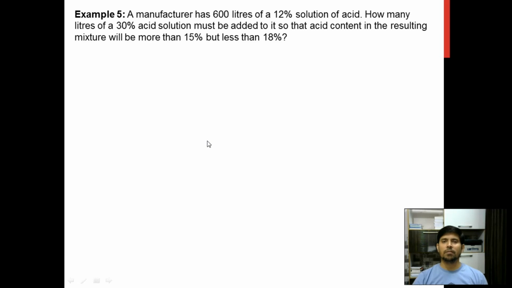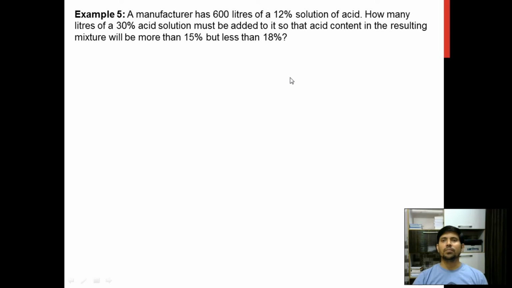Next example, example number 5. A manufacturer has 600 liters of a 12% solution of an acid. How many liters of 30% acid solution must be added to it so that the acid content in the resulting mixture will be more than 15% but less than 18%?